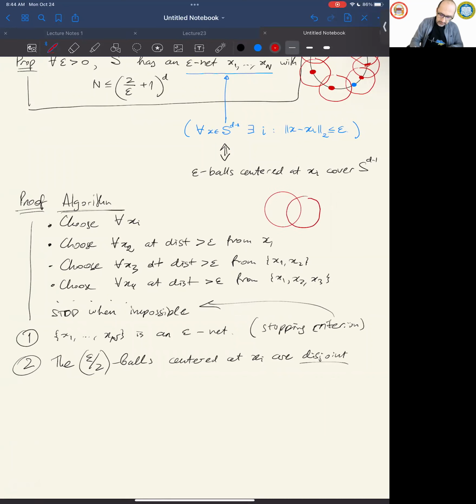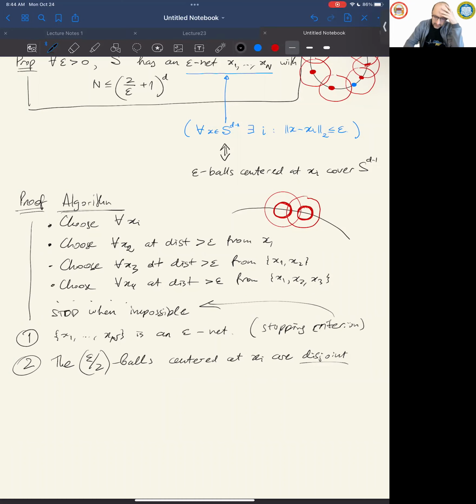They cover the entire sphere, and the sphere, let's say, goes this way. They cover the entire sphere. But when we reduce the radius by 2, they become a packing. So they become disjoint. Why?